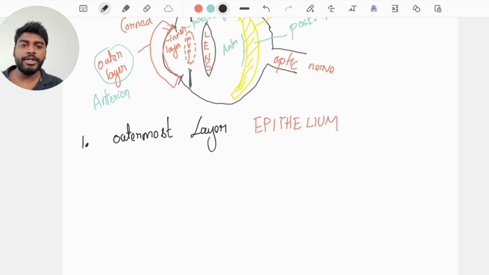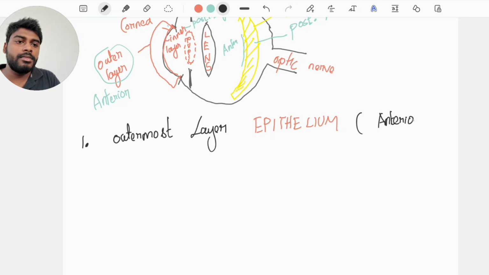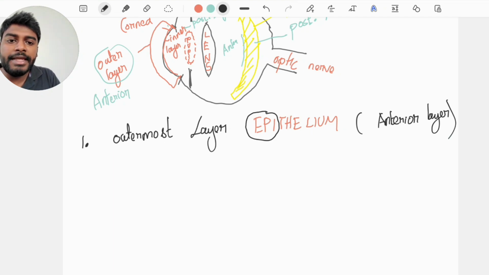So epithelium is your outermost layer, and it's also called the anterior layer. In this word, epi is the Latin word meaning outside. So whenever we think of the first layer or the outermost layer, we should think of the epithelium. This is your first layer of the cornea.